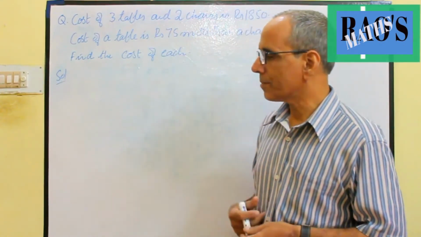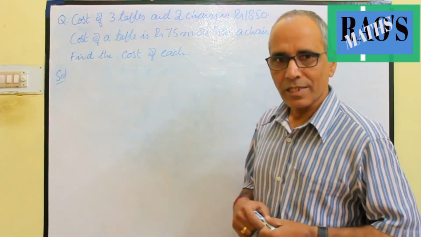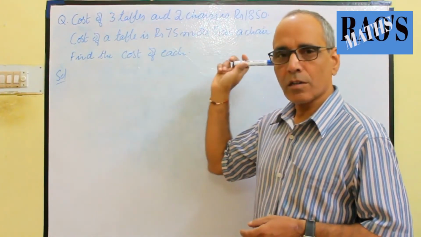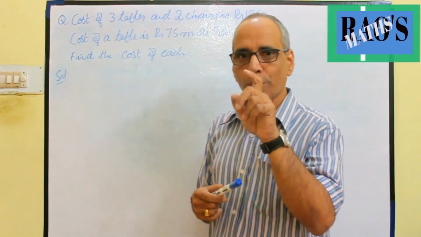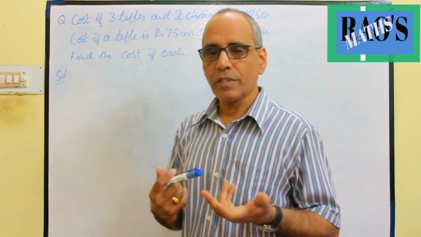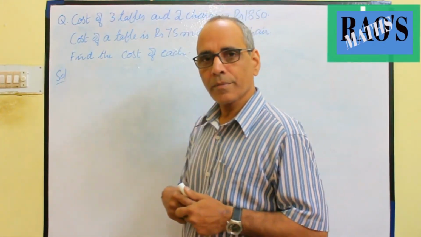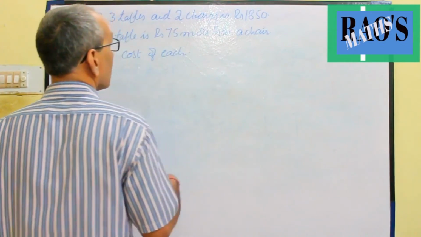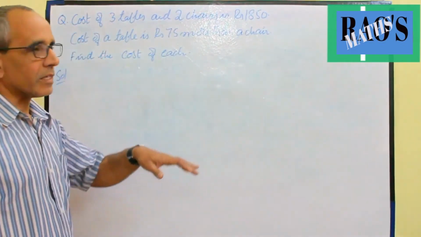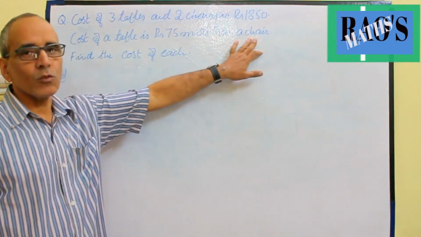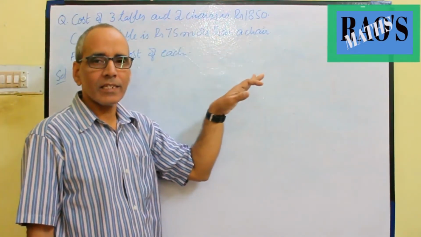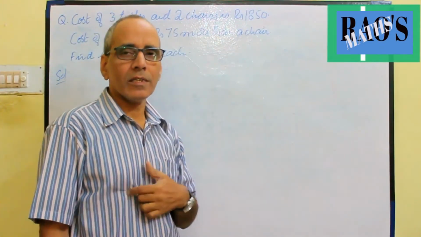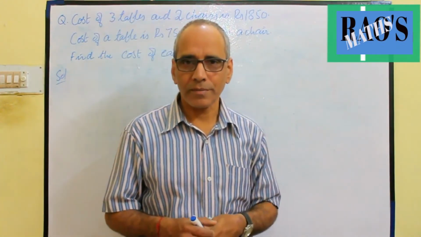So by the condition, whose cost is greater, table or chair? Table. By how much? Rupees 75. So which one do you define as variable? Chair. If I take the chair cost as rupees x, since the table is 75 rupees more than that, the table cost is rupees x plus 75.